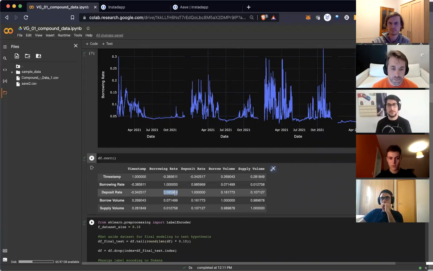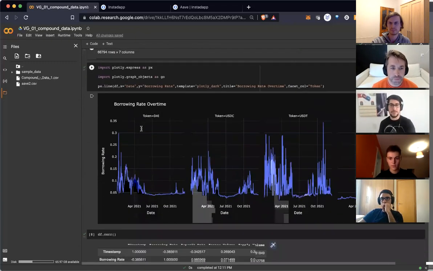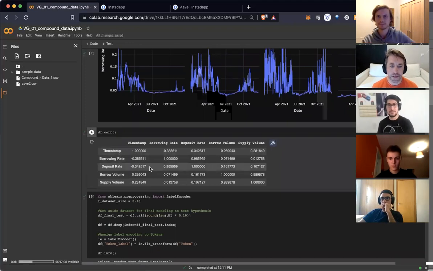Got it. So for every time stamp, every 30-second interval for each one of these, you would say that they all have the same behavior because there's such a high correlation. Got it. Okay, thanks.